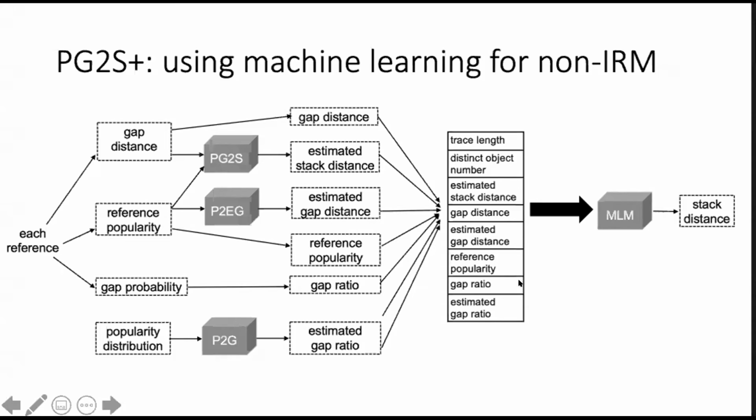In this case, we view the ML model just as a computing function f which computes the deltas. PG2S plus is not specific to any ML model. In our paper, we present results from two representative deep learning neural networks. One is called CNN, and in this presentation, I'm going to demonstrate how CNN performs in our scenario.